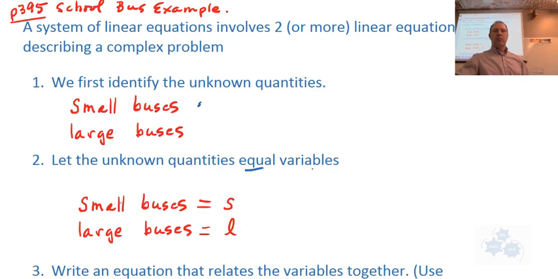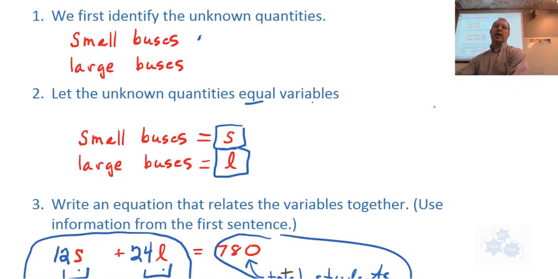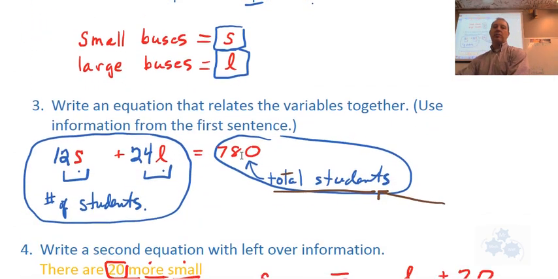So we'll set the small buses to some variable, and it's always a good idea to let that variable be representative of what you're looking for. So small buses I would let equal S, and large buses I would let equal L, okay? Just so when you're going through the question, and most importantly at the end of the question, you know what you've got. So S equals whatever, and you know what S is. So that's the first thing we do: we identify the quantities and we give them a variable.